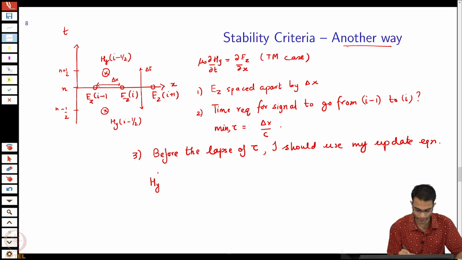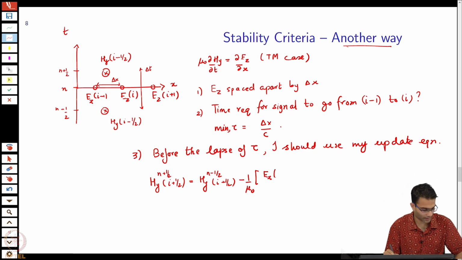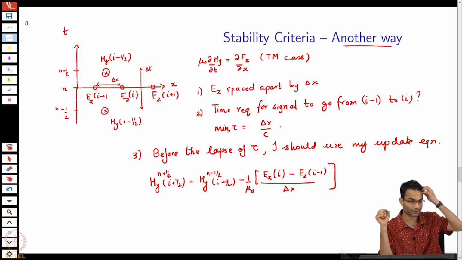I can write Hy at n plus half, I plus half is equal to Hy at n minus half, I plus half, minus 1 by mu naught, Ez I minus Ez I minus 1. This was my update equation, right.